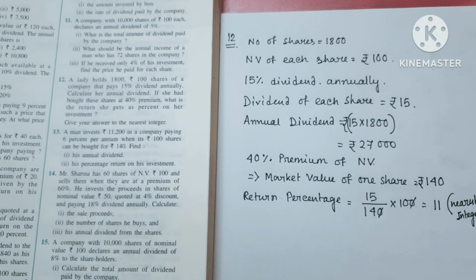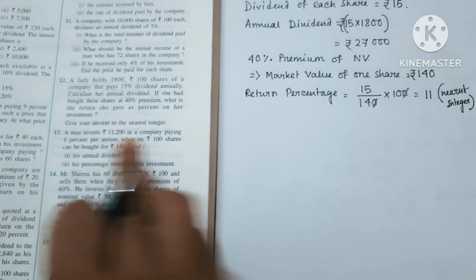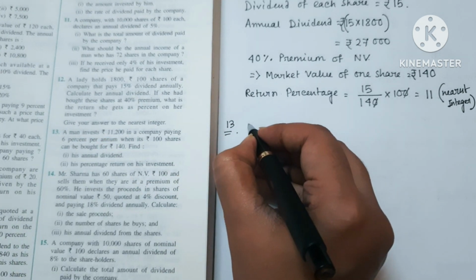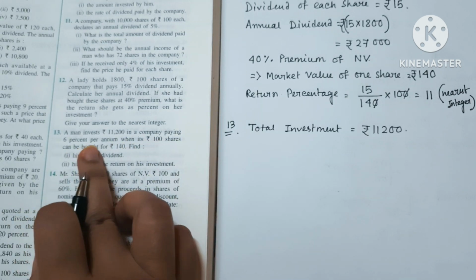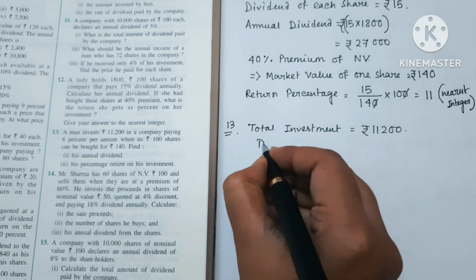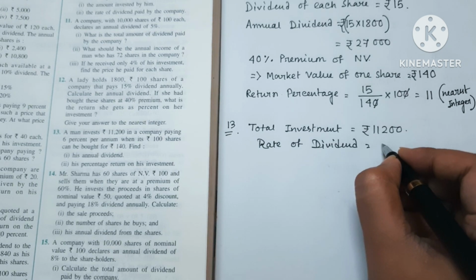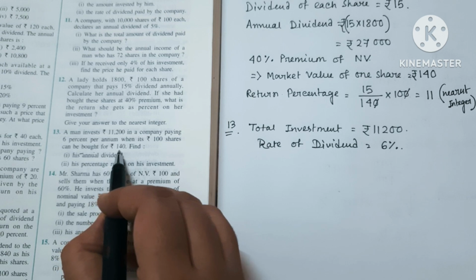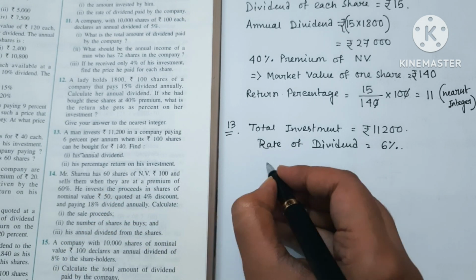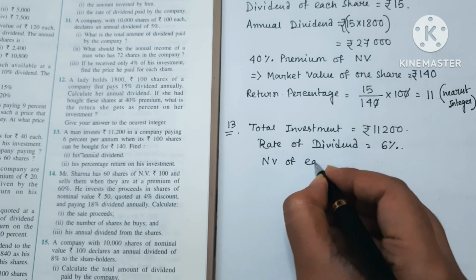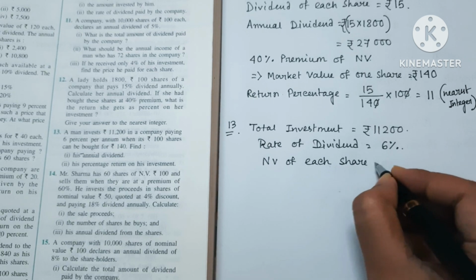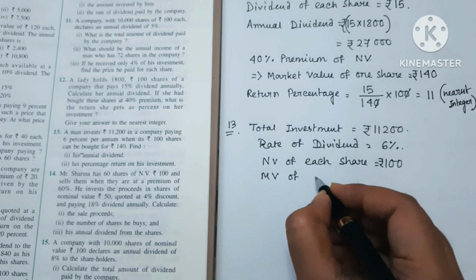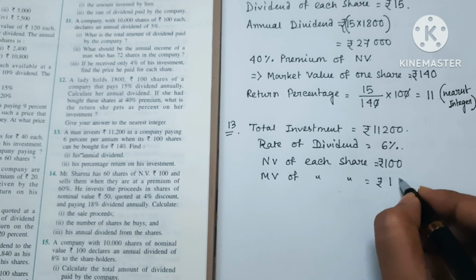Now question number 13. A man invested this one, the total investment, in a company paying 6% per annum rate of dividend, when its 100 rupee shares can be bought for rupees 140. Here the nominal value of each share is 100 rupees and the market value of each share is rupees 140.